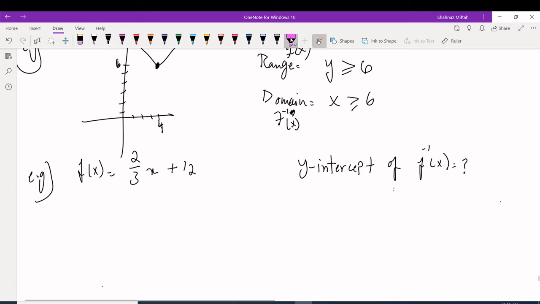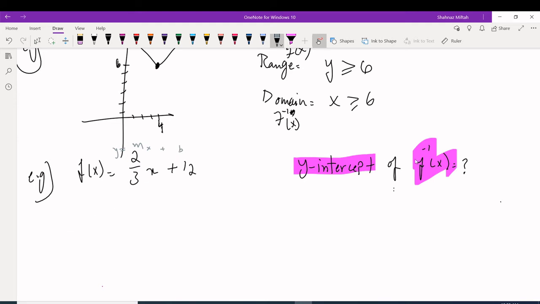So I'm looking for the y-intercept of the inverse. We already know this function looks like y equal mx plus b. I can see that's my y-intercept for the original function. Y-intercept means when x is always 0.